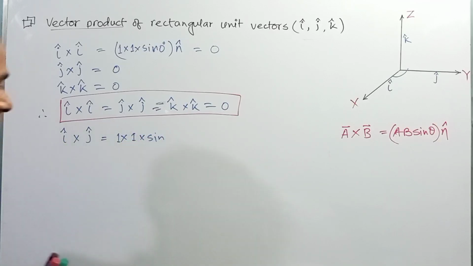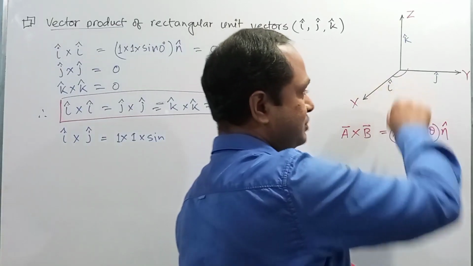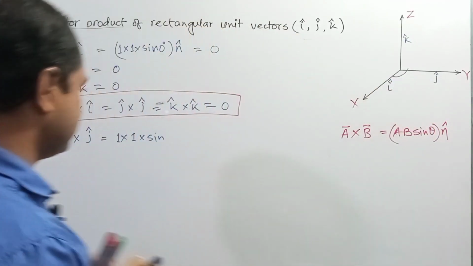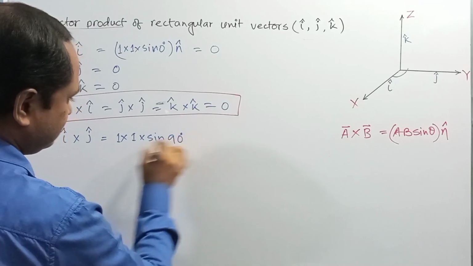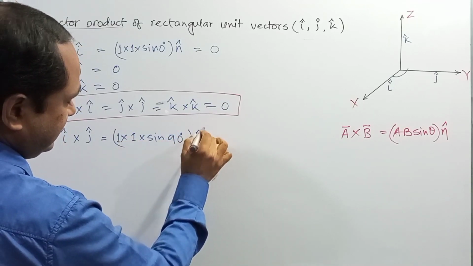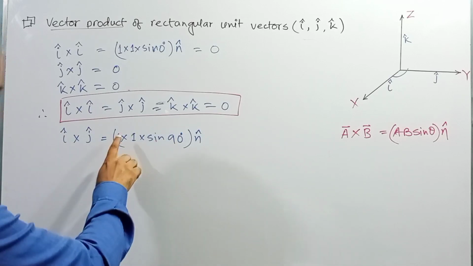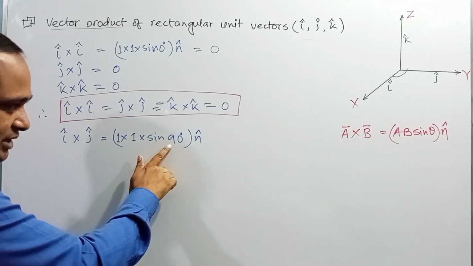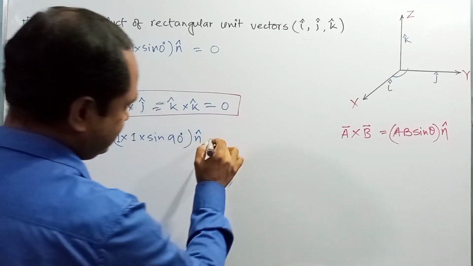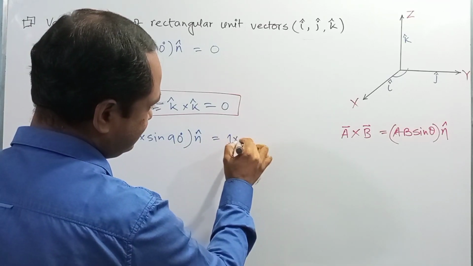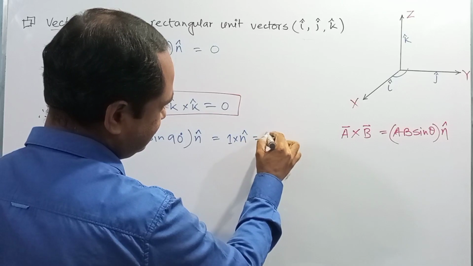So what will be the angle between i and j? From the figure we can say that the angle between i and j is 90 degree, right? And eta is the unit vector. You know, sin 90 degree is 1, so 1 multiplied by 1 multiplied by 1. So we can write that here 1 into eta, that is eta.